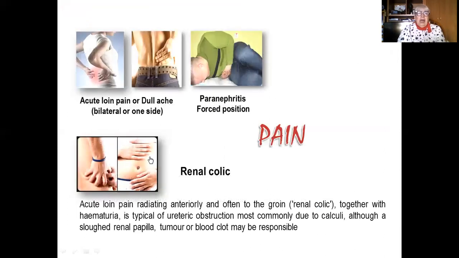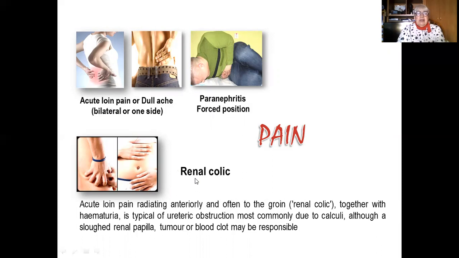Let's go on, and here you see the area of pain typical for kidney problems, bilateral or one side, and more typically bilateral for glomerulonephritis.